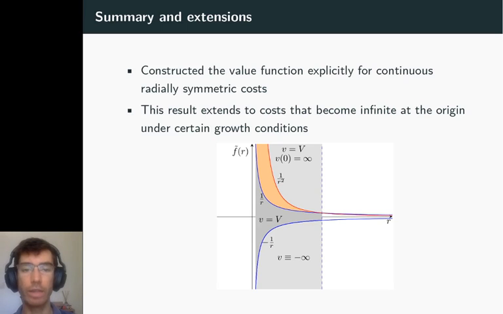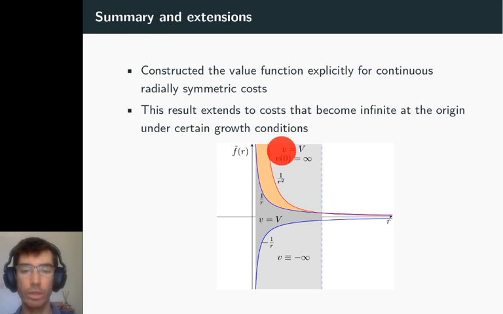We are also able to extend this result slightly to relax the assumptions that we had on the value function. And in particular, we can allow the cost function to become infinite at the origin. And I've just sketched out here some growth conditions on the cost function f.